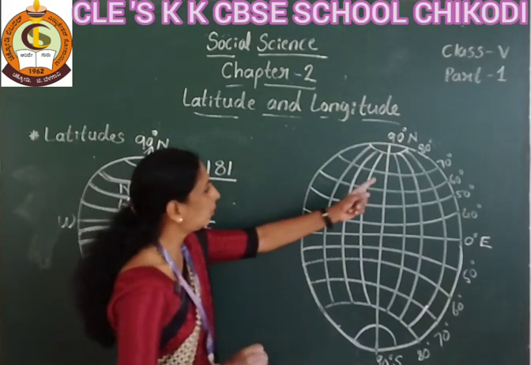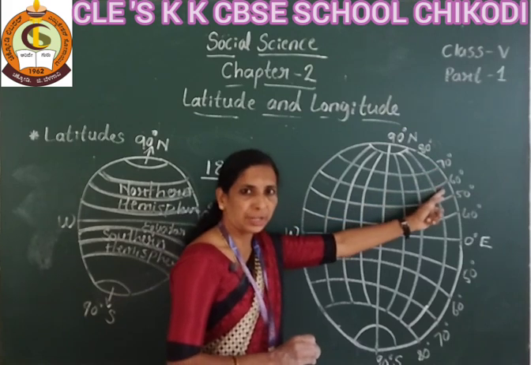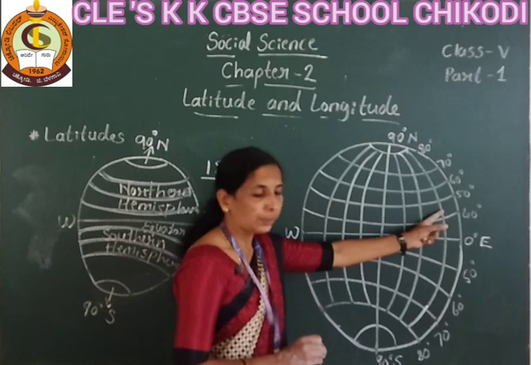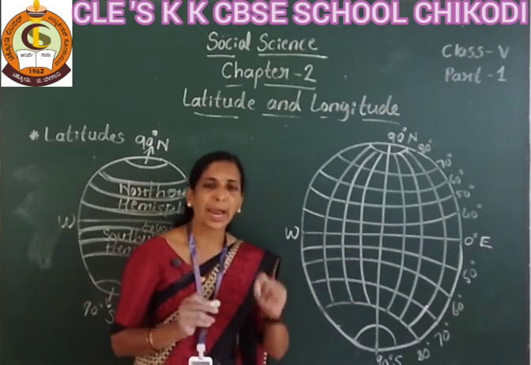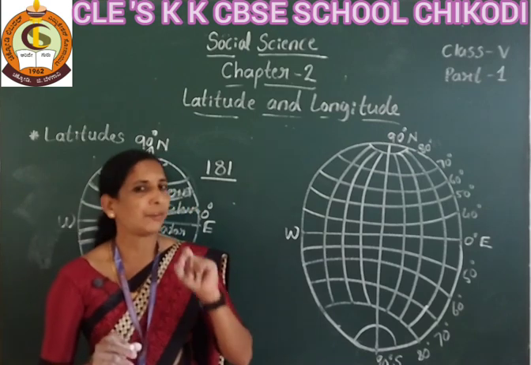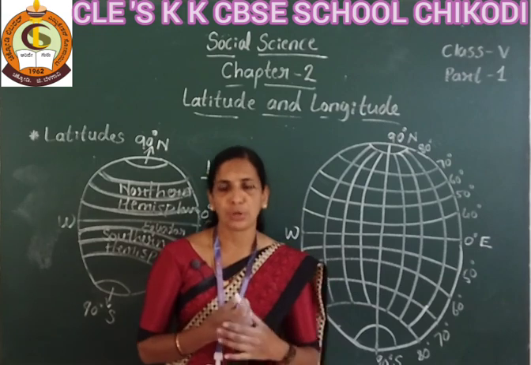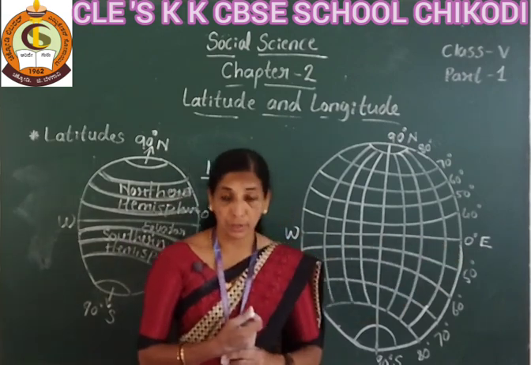Like here, 80 degree north, 70 degree north, 60, 50, 40, 30 and 20 degree north, afterwards 10 degree north, and lastly 0 degree. 0 degree is the equator.